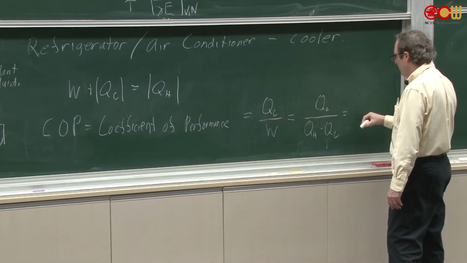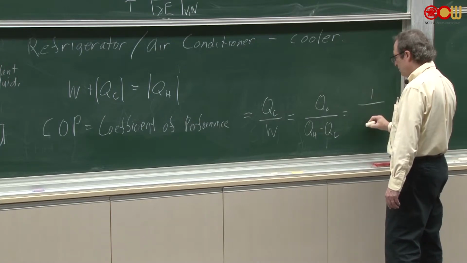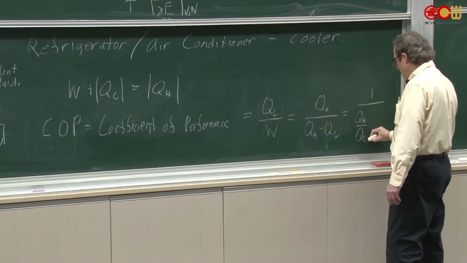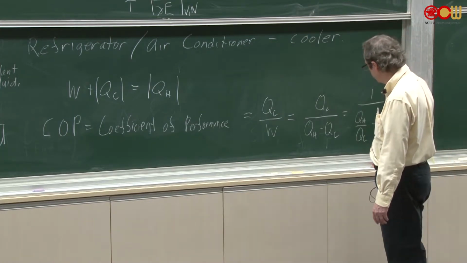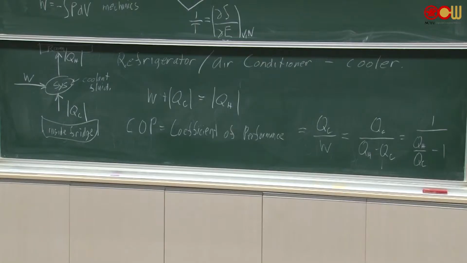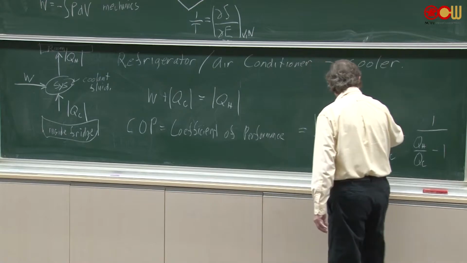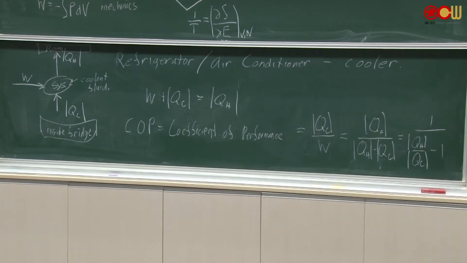We divide through by QC, you get 1 over QH over QC minus 1. Okay, that's right. The only thing I forgot is to put the absolute value signs on. All right? So that's what you get.